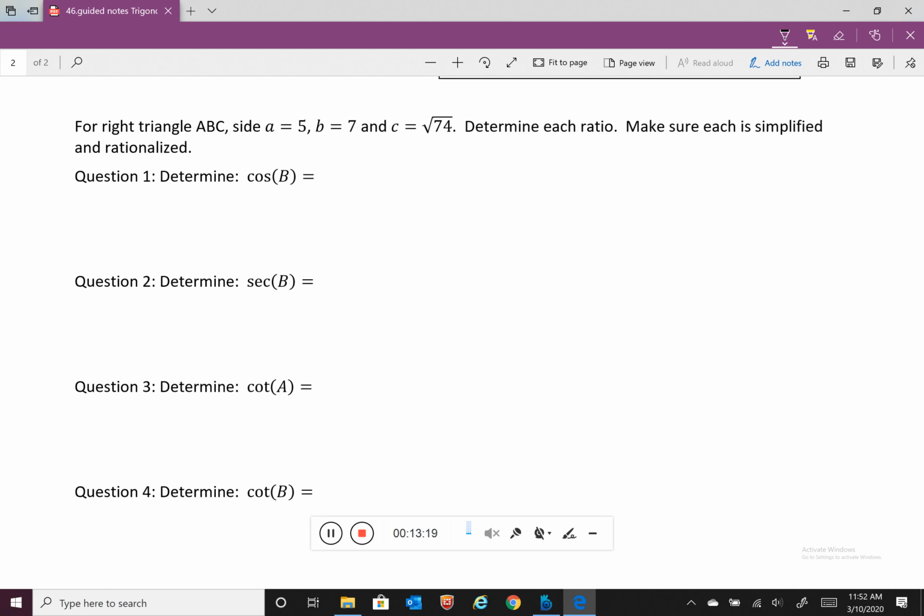And you're going to need to concentrate on your angle of reference. So for example, the first one is to determine cosine of B. And remember, cosine looks at the adjacent side as it compares to the hypotenuse.